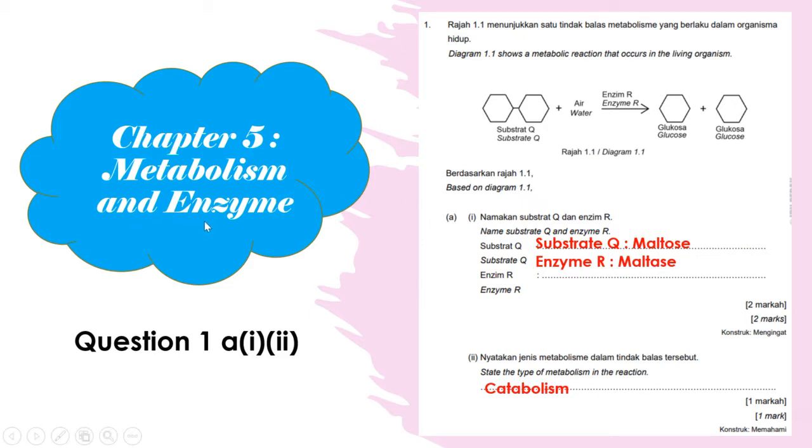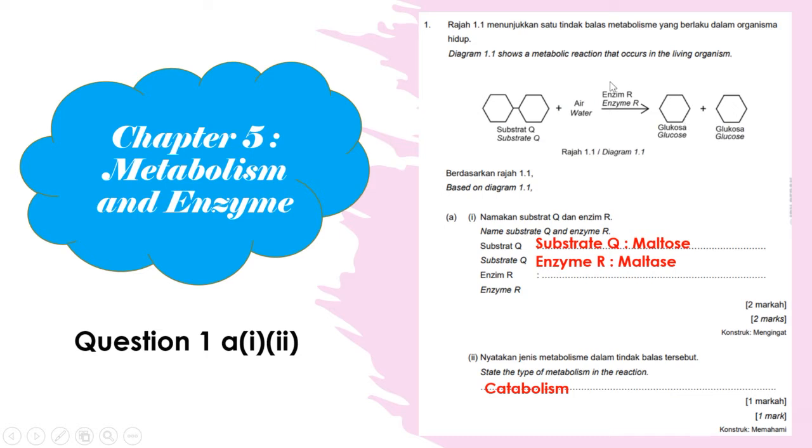Okay, let's take a look at question 1. Diagram 1.1 shows a metabolic reaction that occurs in a living organism. A substrate Q reacts with water in the presence of enzyme R and produces glucose plus glucose.